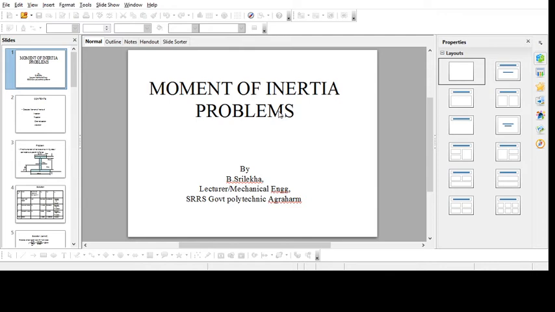So that one you will take as simply 28 minus 17.3, which is 6.8. Okay, so this is how you'll find the centroidal distances.